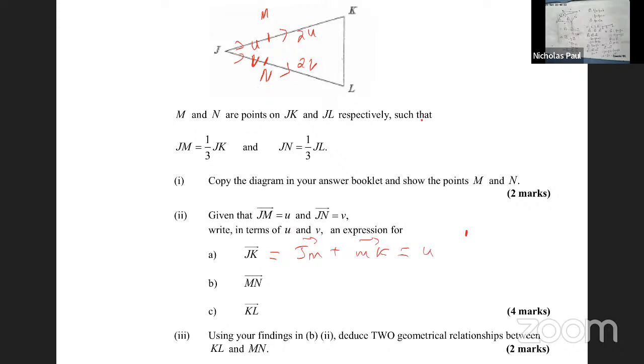That's u plus 2u, which is 3u. Tell me what MN is one time now. M to N is what?